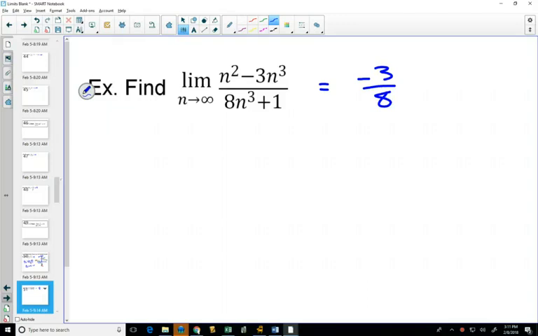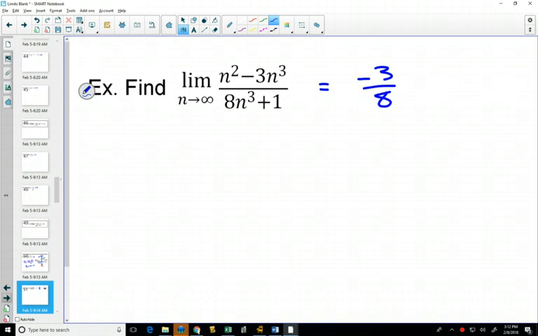Now, the Monopoly story that I was telling connects to this: when n gets really big, what's going to be the most powerful thing here? Cubing, right? When you square 9, it's 81. That's pretty big. But if you cube 9, it's going to go to 729. Much, much bigger.